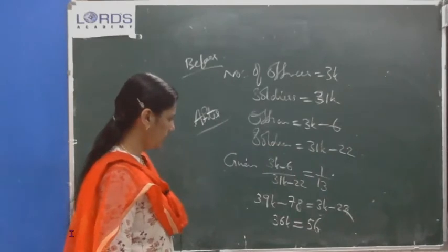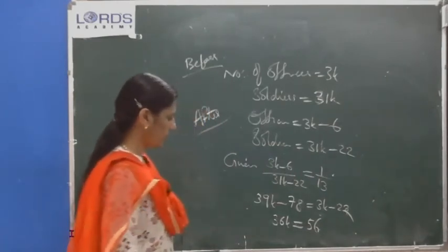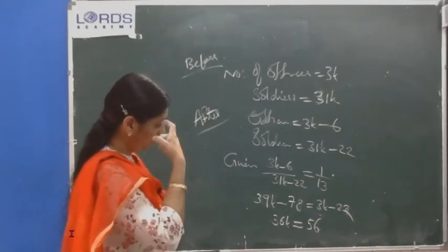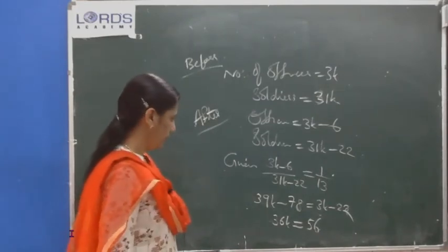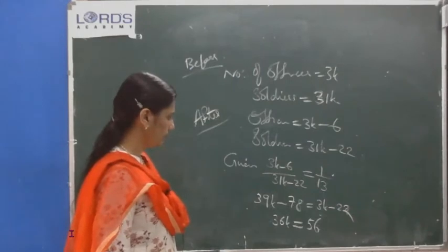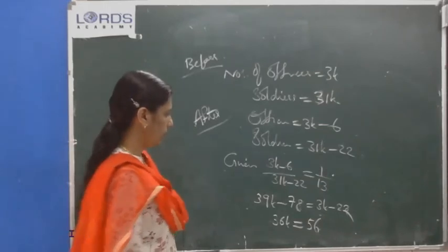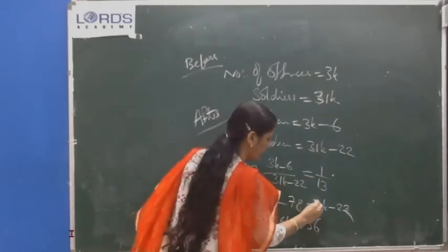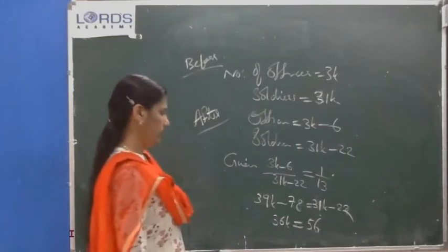Again I made the mistake. No, it's correct, no? What is your answer? Oh, this is not 3k, 31k.